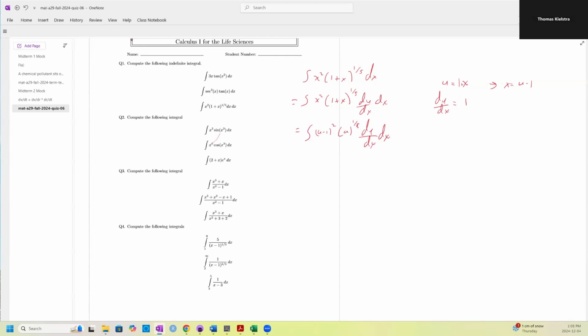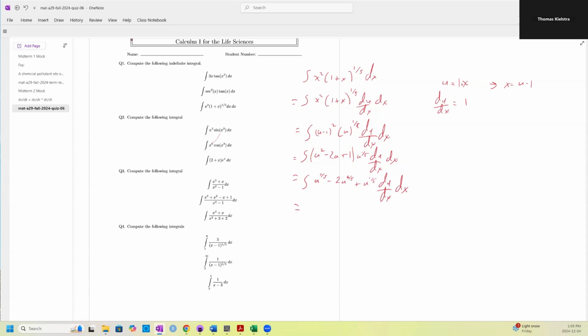Now I'm going to expand this u minus 1 squared to give me u squared minus 2u plus 1 all times u to the 1/5 du by dx dx. Expanding this, I'm able to distribute u to the 1/5 over. So this gives me the integral of u to the 11/5 minus 2u to the 6/5 plus u to the 1/5 du by dx dx.